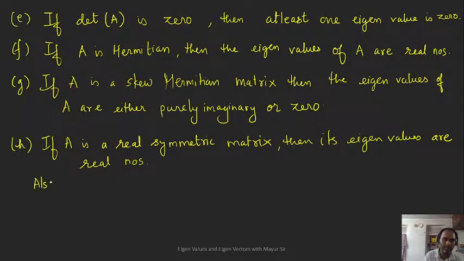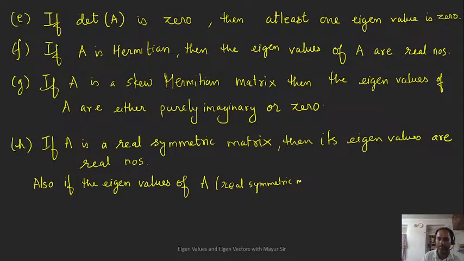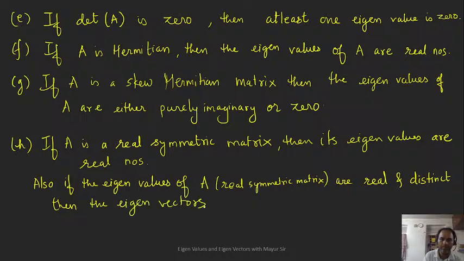Correspondingly also, if the eigenvalues of A, which is a real symmetric matrix, are real and distinct, then the eigenvectors are mutually orthogonal.